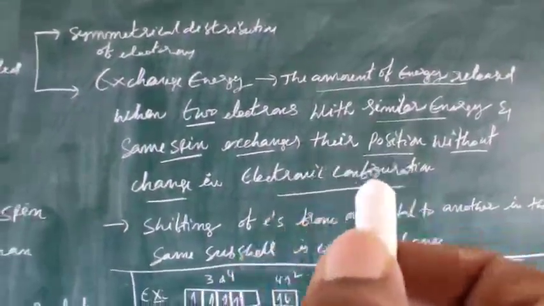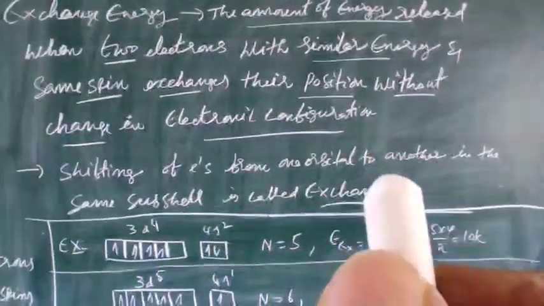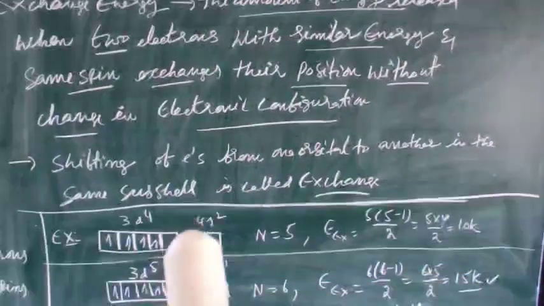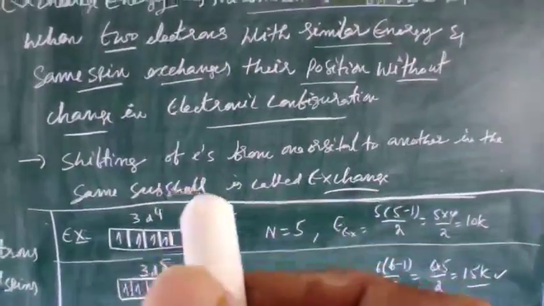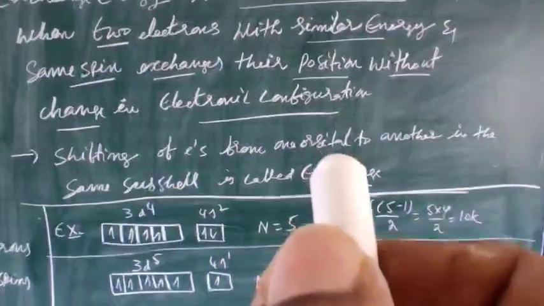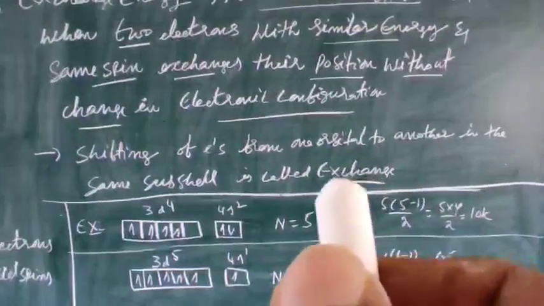That is called exchange energy. Generally, the shifting of electrons from one orbital to another in the same sublevel is called exchange.